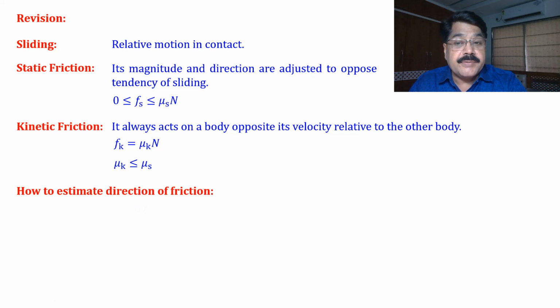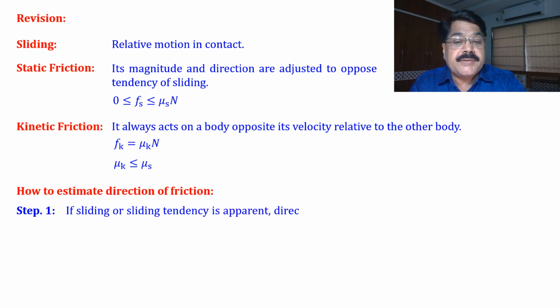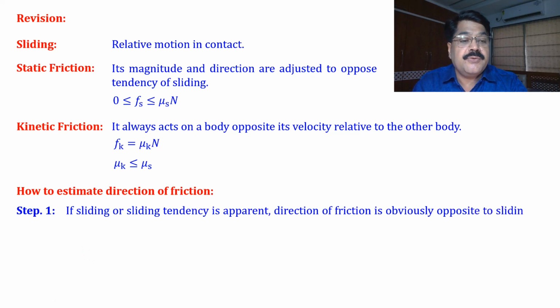How to estimate the direction of friction? That is again important. Step 1: if sliding or the tendency of sliding is apparent, the direction of friction is obviously opposite to the sliding or tendency of sliding.